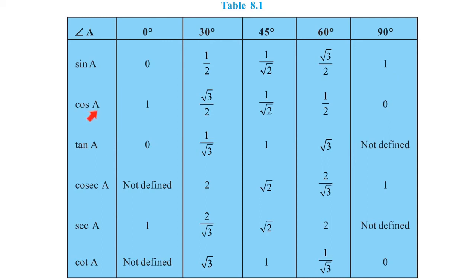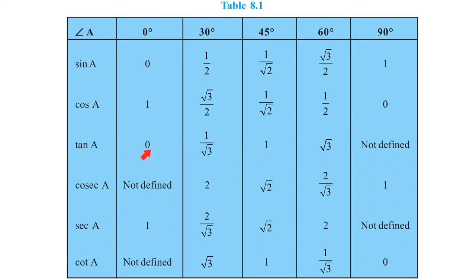Cosine of 0 is 1, cosine 30 is root 3 over 2, cosine 45 is 1 over root 2, cosine 60 is half, and cosine 90 is 0. Do you observe something? When the angle increases from 0 to 90 degrees, the sine of the angle increases from 0 to 1, and the cosine of the angle decreases from 1 to 0. Just keep that in mind.